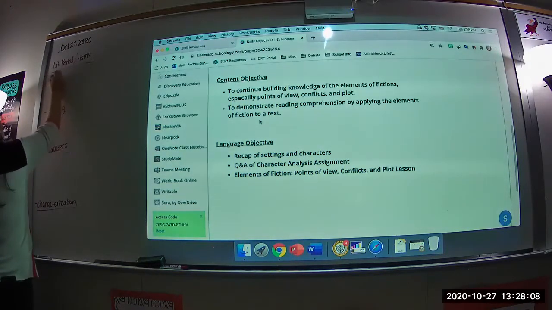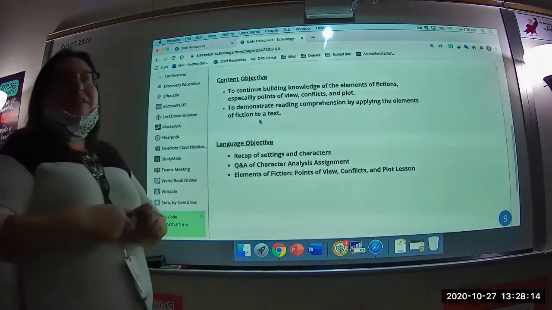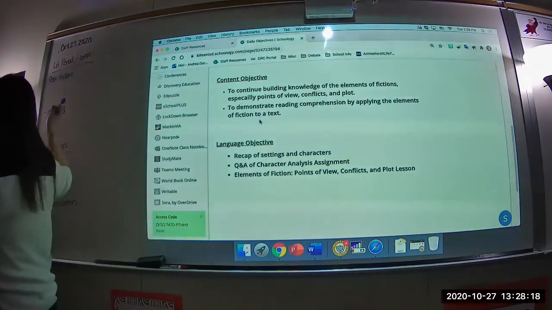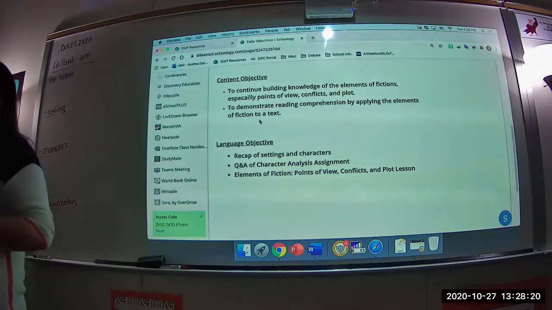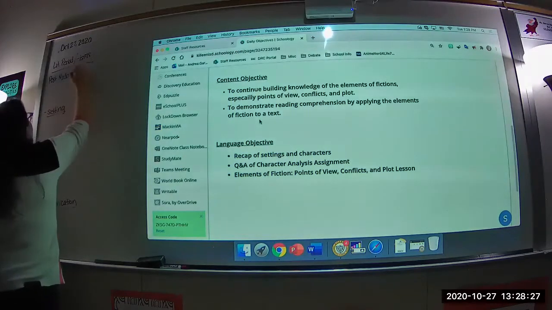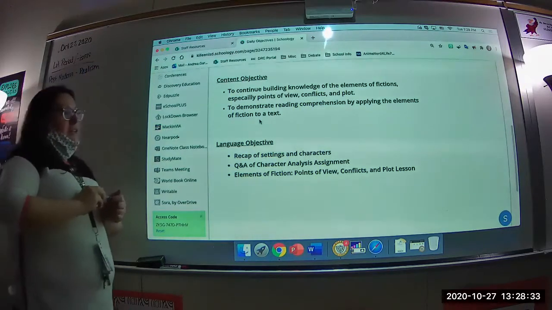Do you guys remember the isms? Romanticism, idealism, realism. Okay, so what ism are we using right now? Realism, which is the opposite of idealism, right?